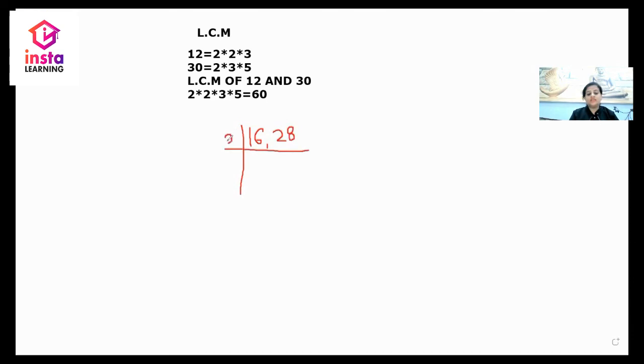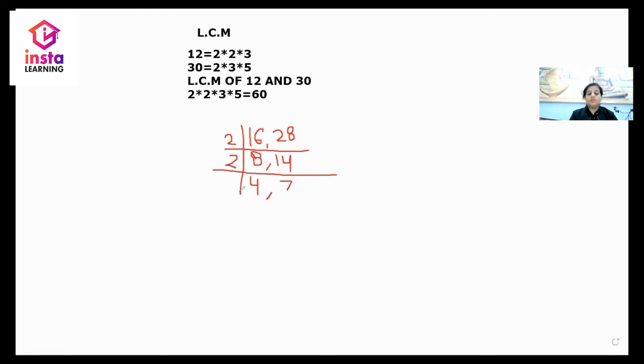2 8s are 16. Okay. Then 2 1s are 2. 2 4s are 8. Then again it is divisible by 2. So 2 4s are 8. And then 2 7s are 14.